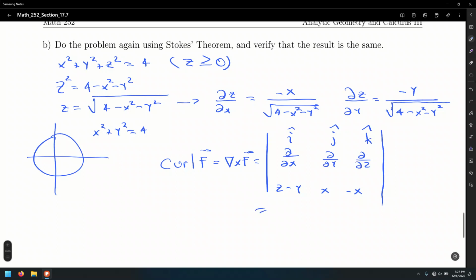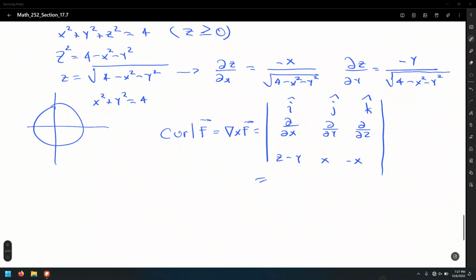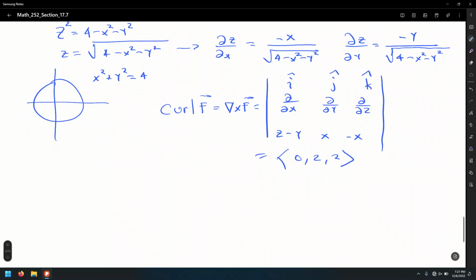And after doing this cross product, that should give us the vector 0, 2, and 2. I'm doing this just to save time because doing this determinant is going to take a good minute. You can either use a formula for a curl, or you can repeat the first two columns, which is a trick I showed you at the beginning of the semester. Either way, all right?